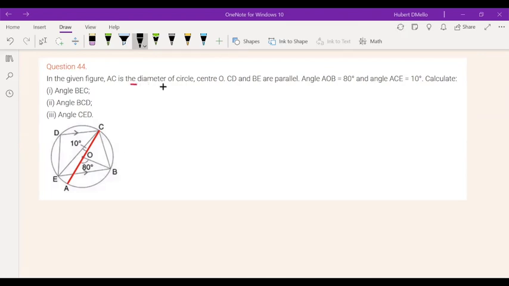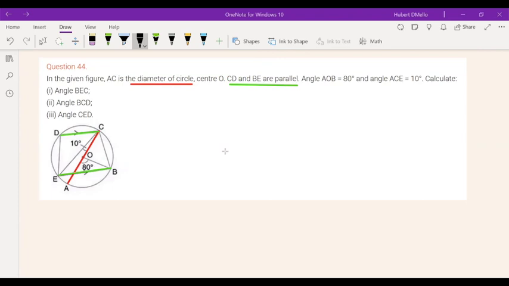Okay, so AC is the diameter of the circle with center O. CD and BE are parallel. CD, that's this, and BE are parallel. The angle BEC is easy to find.